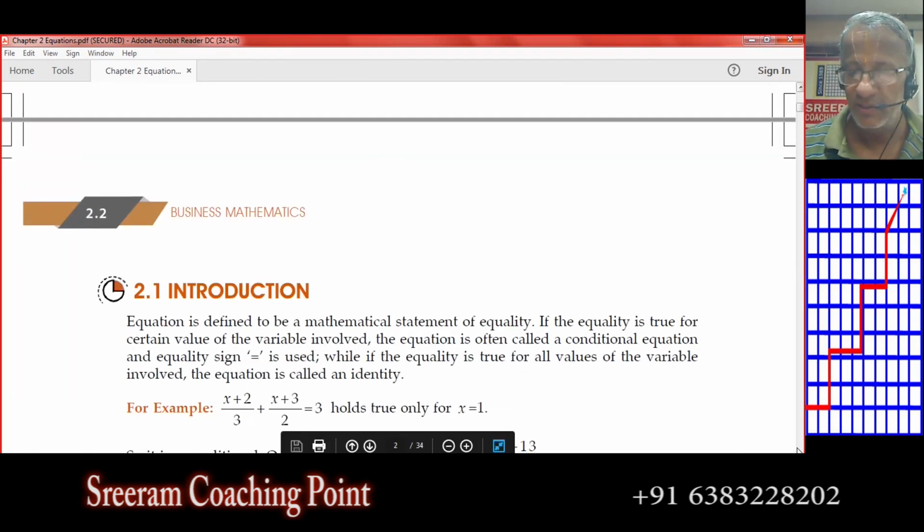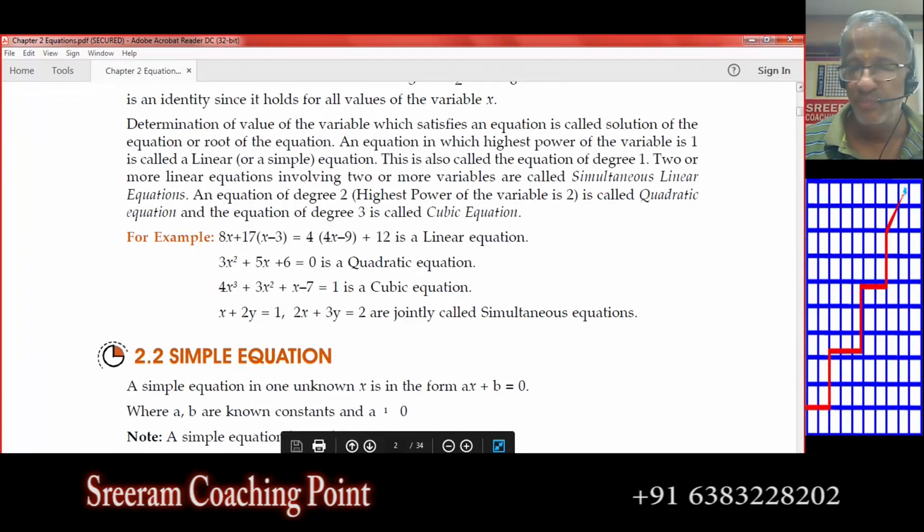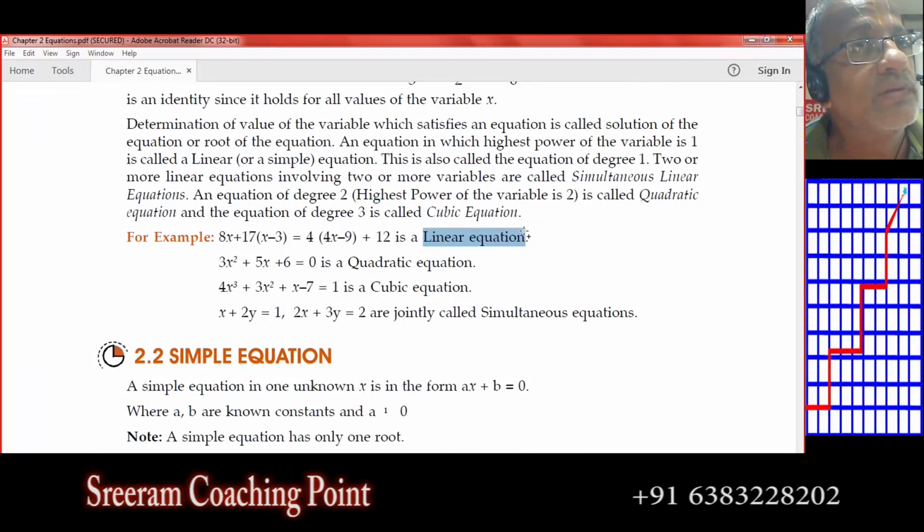So here, simple equation, in which they start with linear equation. What do you mean by linear equation? There will be one unknown variable and it will always be to the power of 1.